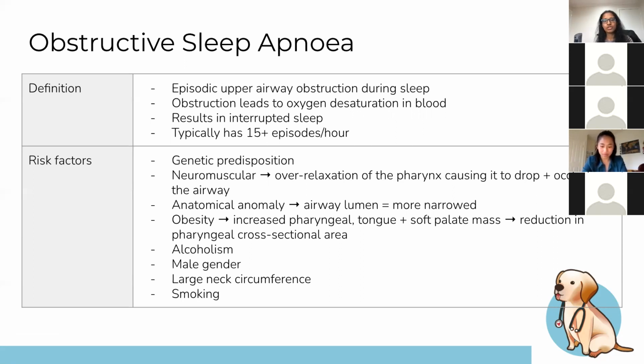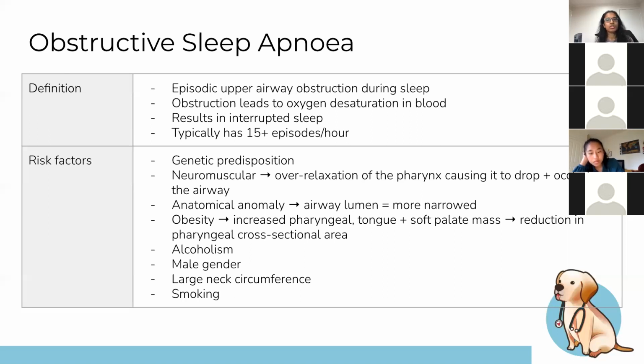So often patients will say, oh, my wife or my partner complains of me snoring really loudly during the night. You have insomnia. You can have gasping during the night because you can't breathe. So you literally wake up not being able to breathe and having that gasping sensation. And because of the insomnia, because of not getting a good night's sleep, you also can get daytime sleepiness or persistent fatigue.